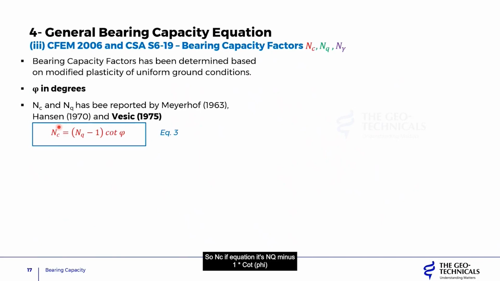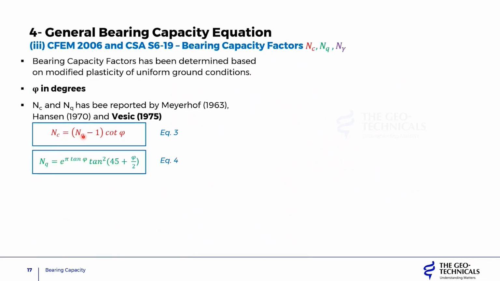So Nc as an equation is (Nq minus 1) times cotangent phi, which leads us to want to know what Nq is. Nq is exponential, and it's crucial that you know it's exponential.